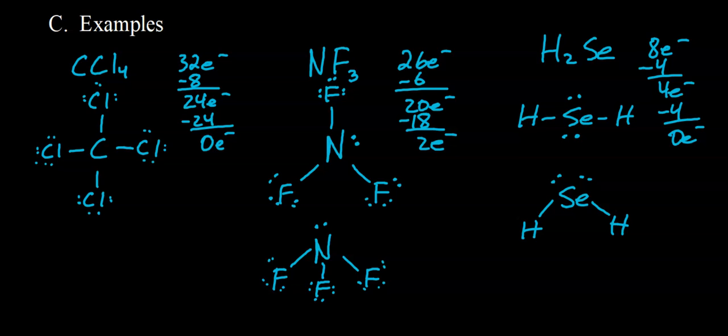NF3 is polar. If it's a polar molecule, here's what you need to do. Does the molecule, first of all, have hydrogen in it? And is that hydrogen bonded to N, O, or F? If the answer is no, it does not have hydrogen, or the hydrogen is not bonded to N, O, or F, it's not hydrogen bonding, it must be dipole-dipole.